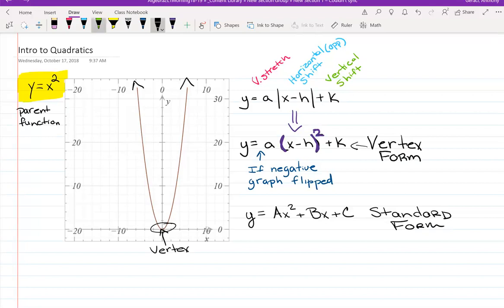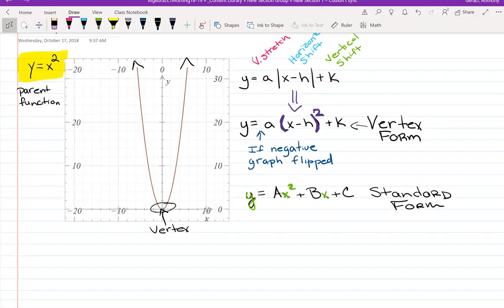They're not together. There's multiplication in between. The x and the y are going to represent any point on the graph. And the only thing you're squaring is the x. You're not squaring the a. So just remember, standard form, ax squared plus bx plus c.